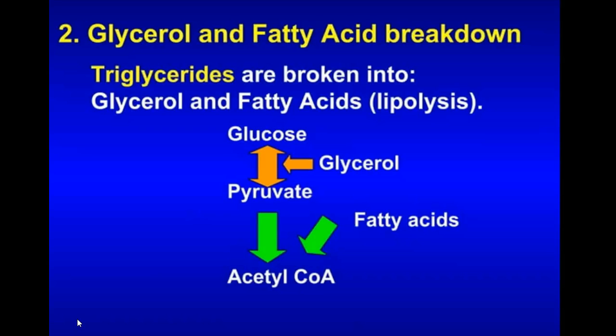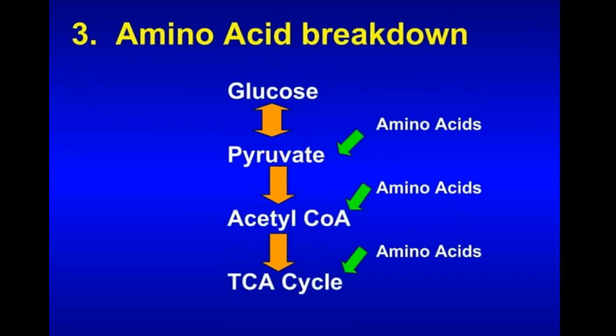Basically, glucose breaks down into pyruvate with the help of glycerol. Then again, it is converted into acetyl-CoA with the help of fatty acids. That's all. Now let's move to the next slide where we will discuss amino acid breakdown.